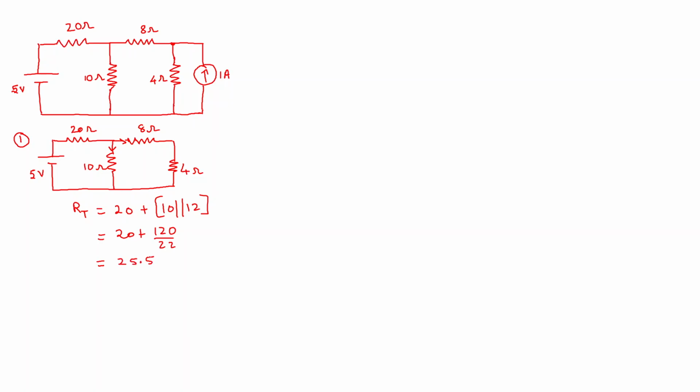So the total resistance pulling the current from the 5 volt source is 25.5 ohms. So the current I is equal to 5 divided by 25.5, which is approximately equal to 0.2 amps.